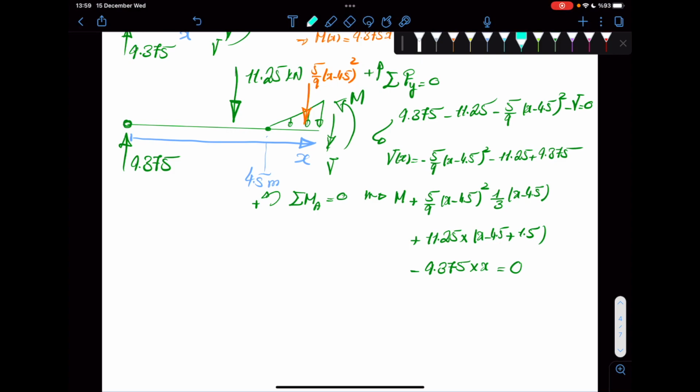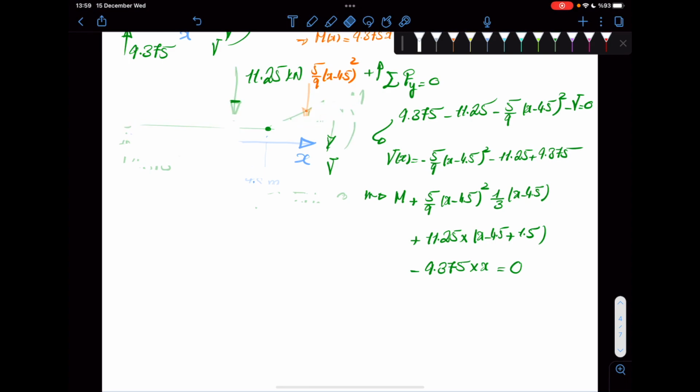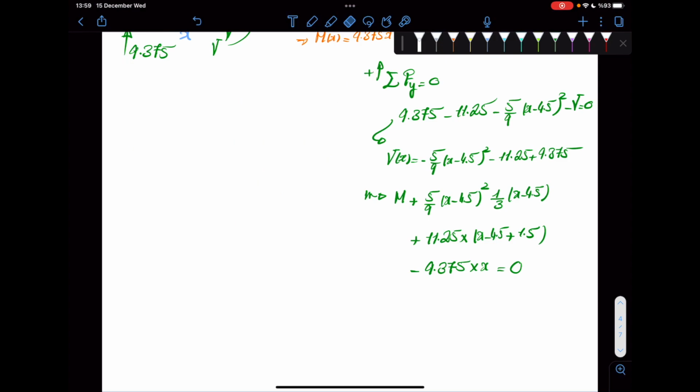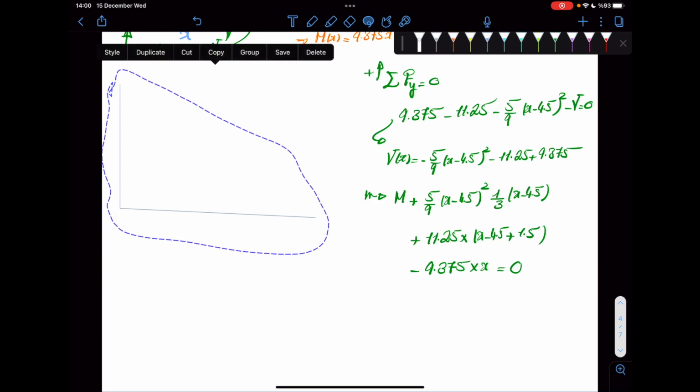So in order to plot them, again, you start from, let me clean this picture a little here so that we can plot them on top of one another. So let's say this would be your shear force distribution.